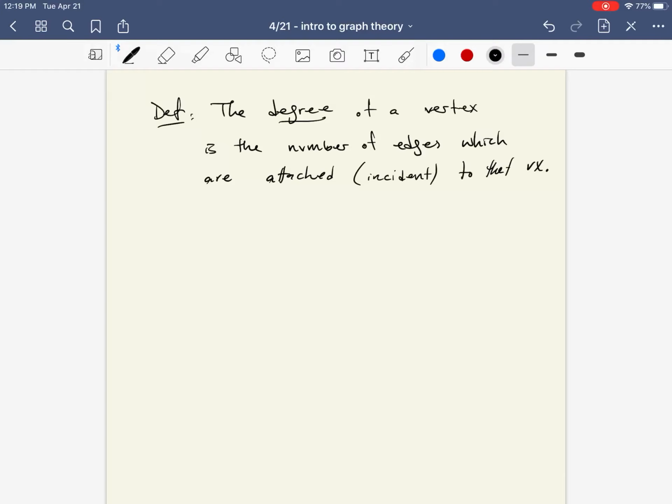And so Euler's circuit theorem says something stronger.